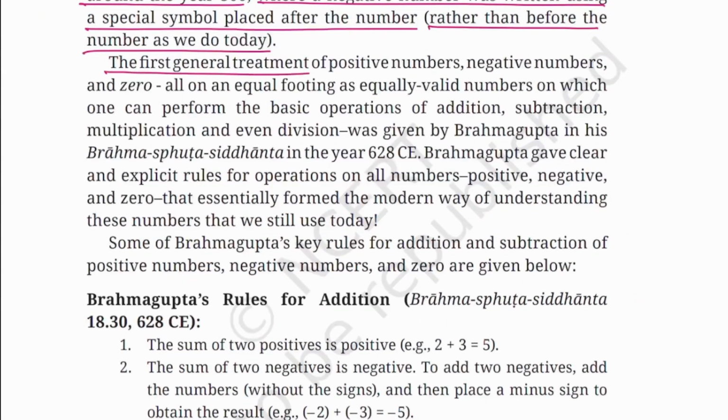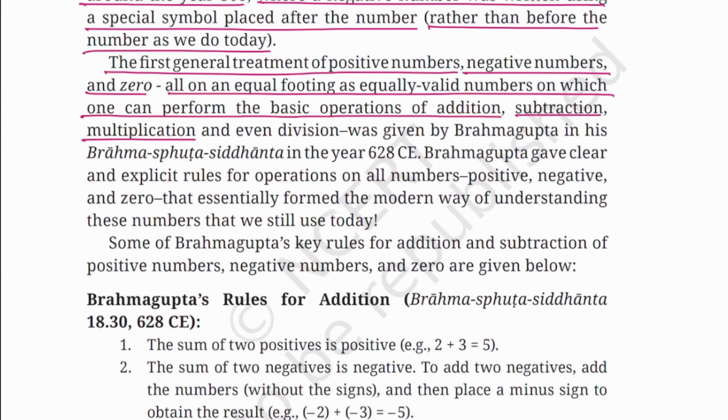The first general treatment of positive numbers, negative numbers and 0, all on an equal footing as equally valid numbers on which one can perform the basic operations of addition, subtraction, multiplication and even division, was given by Brahmagupta in his Brahmasphutasiddhanta in the year 628 CE.